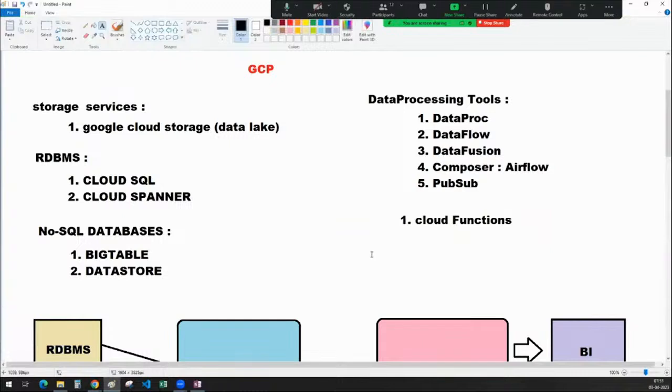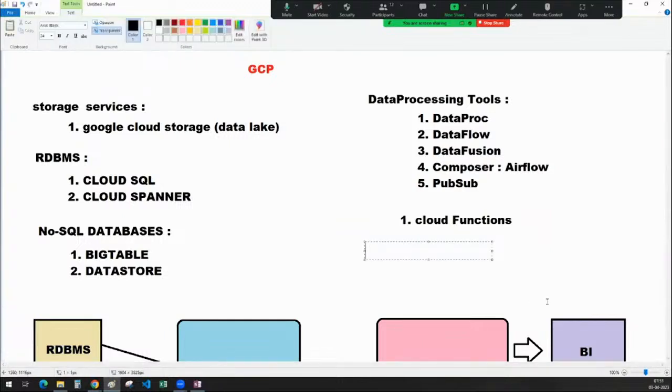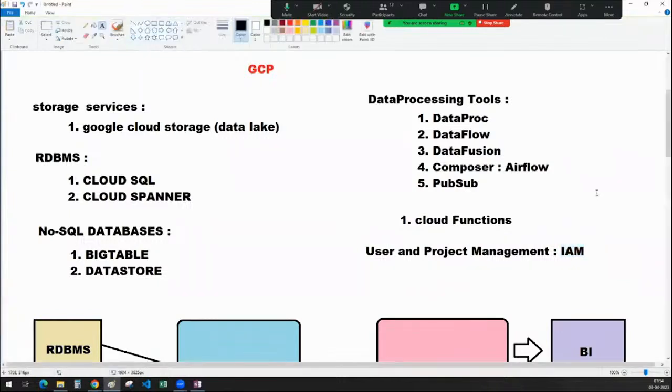And if you want to manage identity and access management, user and project management, if you want to manage your project and user access, that's where you have a bigger tool. It will be available in all the cloud platforms. That is IAM, guys, very important.